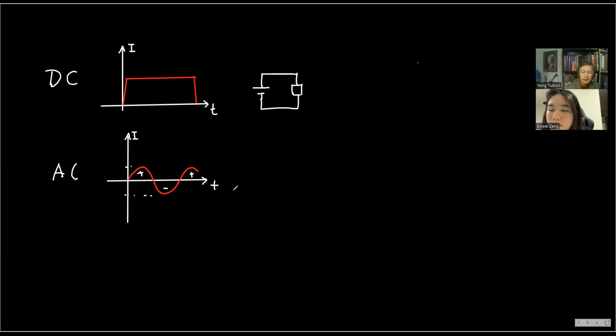If you use AC, it is basically time dependent. There is a battery here, a switch here, and perhaps we can also put the resistor here. So this is called an RC circuit, because it involves a resistance and also a capacitor.